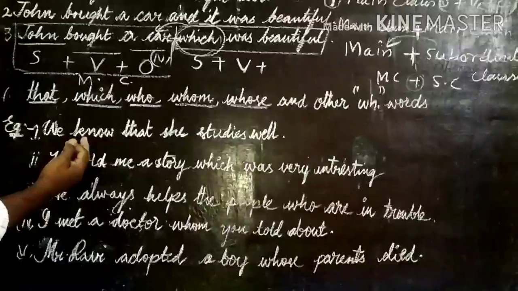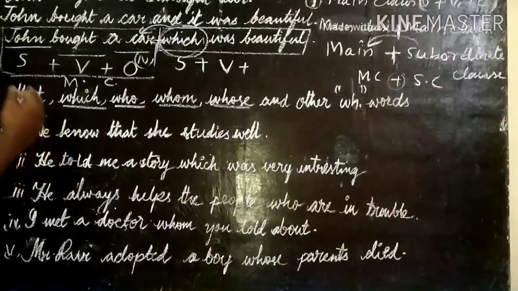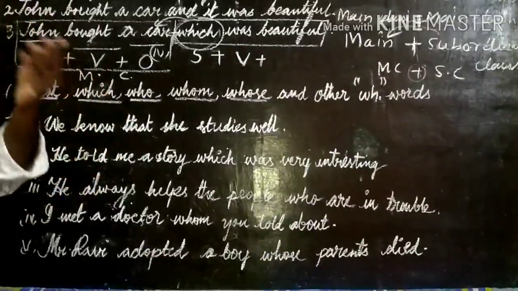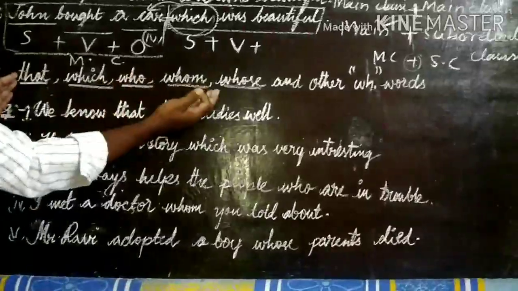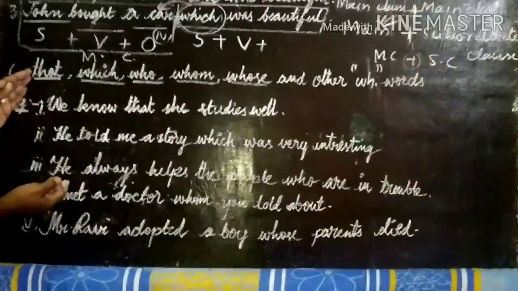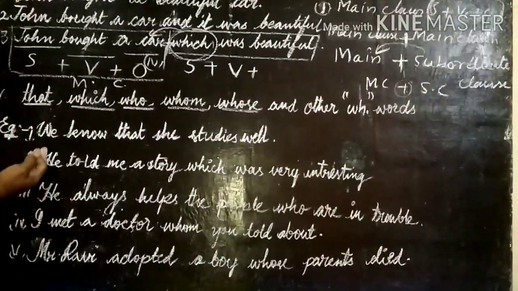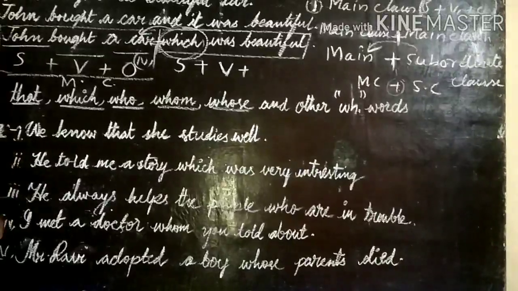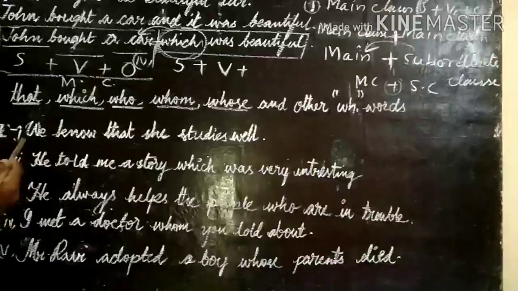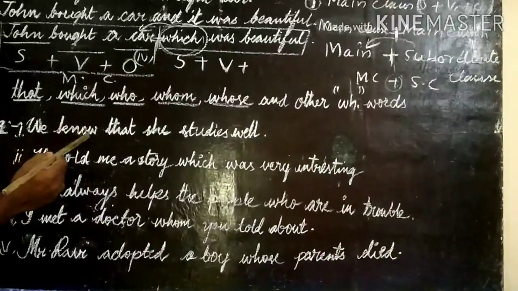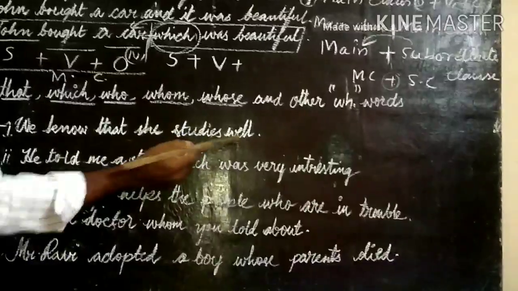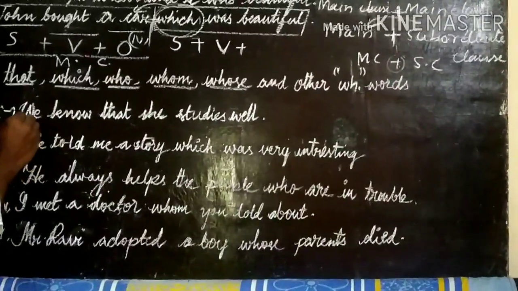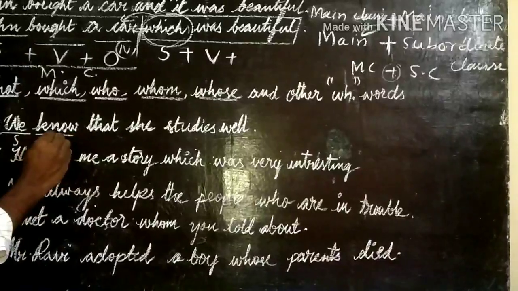Now let us examine the examples of subordinate clauses which are made up of these relative pronouns, with sufficient examples here. One is: we know that she studies well. Here, "we know" is the subject, main word, finite verb.